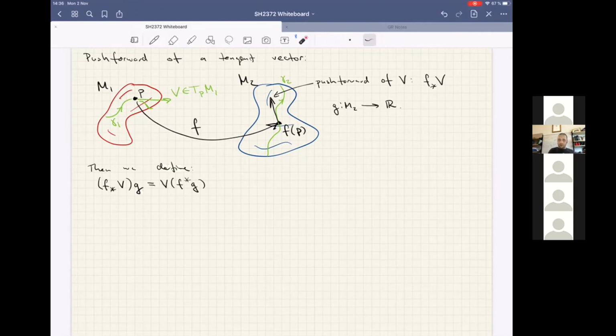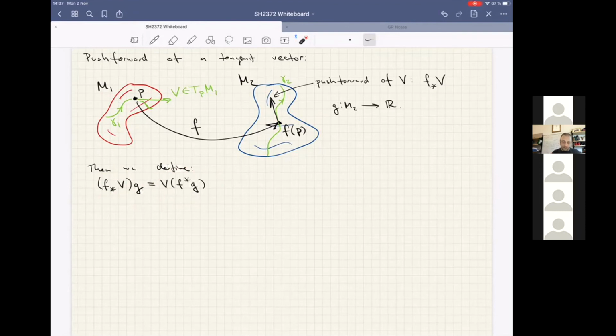So just to make sure that things make sense here, this F star V, that's a vector on M2, and it acts on a function on M2. Whereas on the right-hand side here, we have V, which is a vector in M1, and that should be acting on a function in M1.